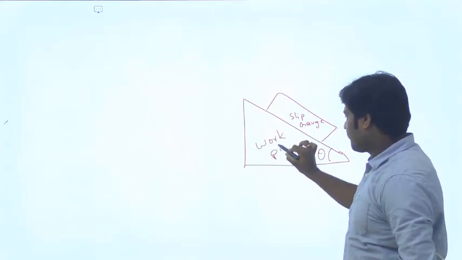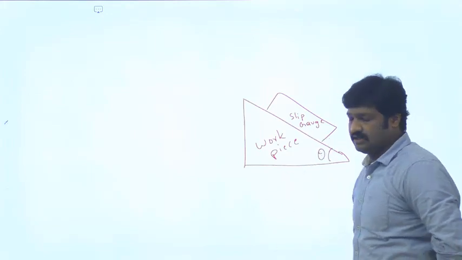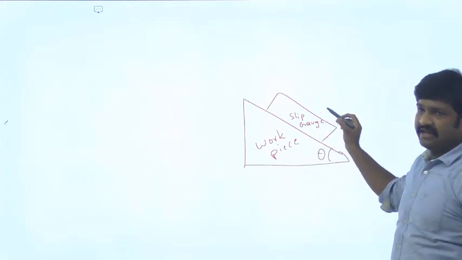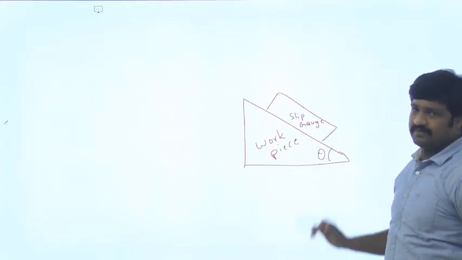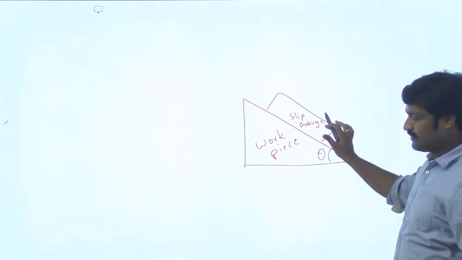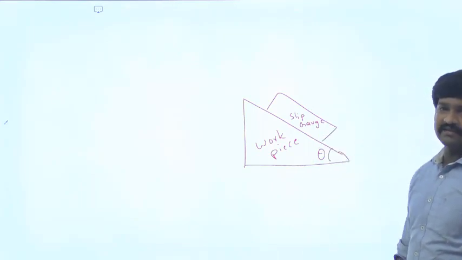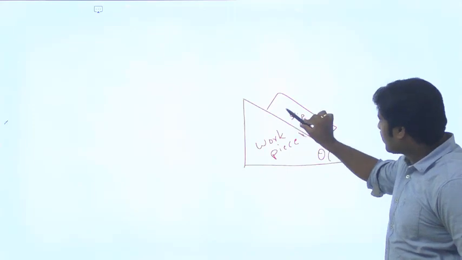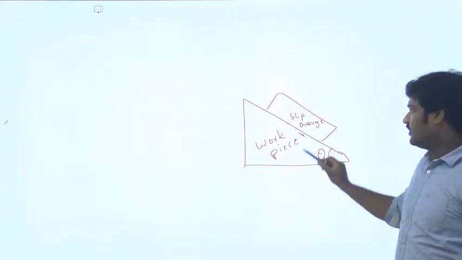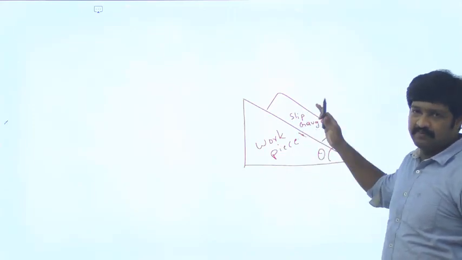Due to the lack of reflection, we added a slip gauge on the top of this workpiece. By adding this slip gauge, the angle is not going to change. Why? Because these two are parallel to each other. If these are parallel, then the angle will not be changed.